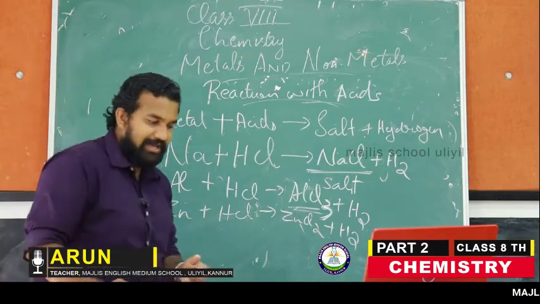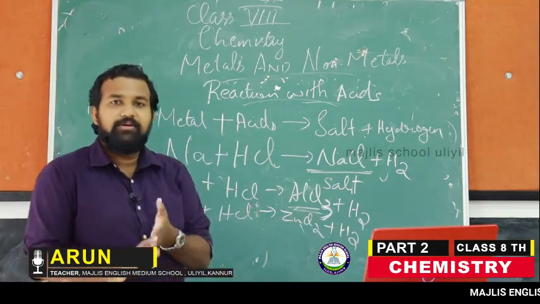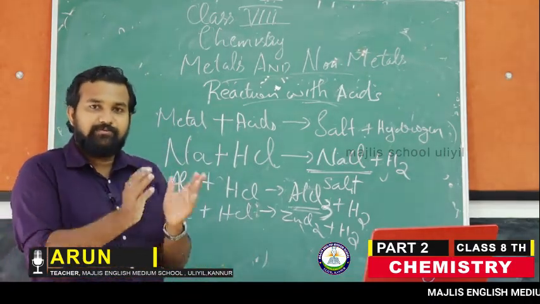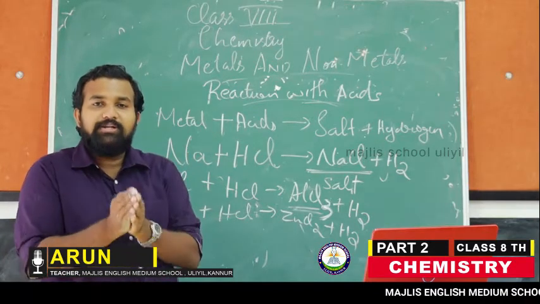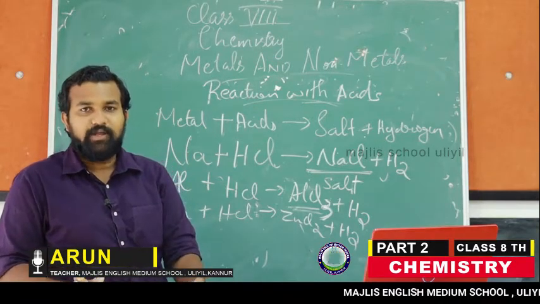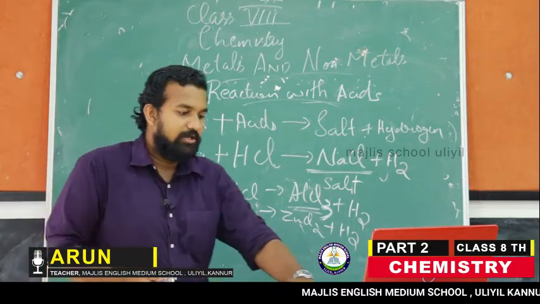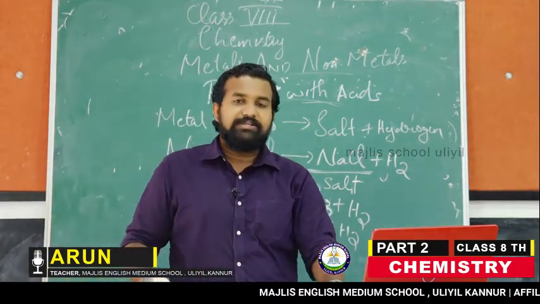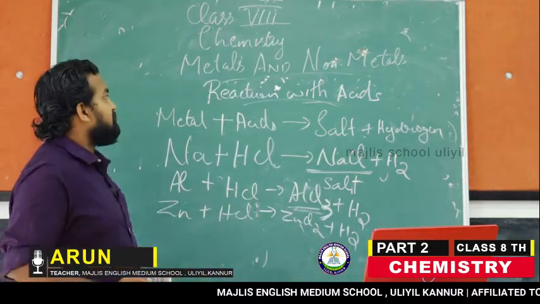So when the metal is reacting with acids, what will be formed? Acids will react with metals to form salt and hydrogen. I hope that's also clear to you. So these are the main important reactions of metals.